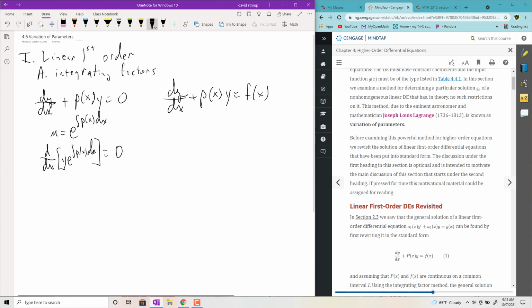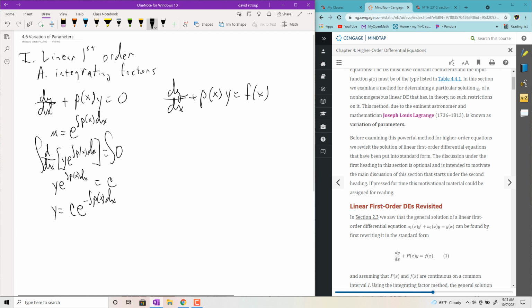On the right side, you just get 0. Integrate both sides with respect to x, you get y e to the integral of p of x dx equals c. And then divide both sides by e to the integral of p of x dx. You get c e to the negative integral of p of x dx. Okay, so that's the complementary part of the solution.